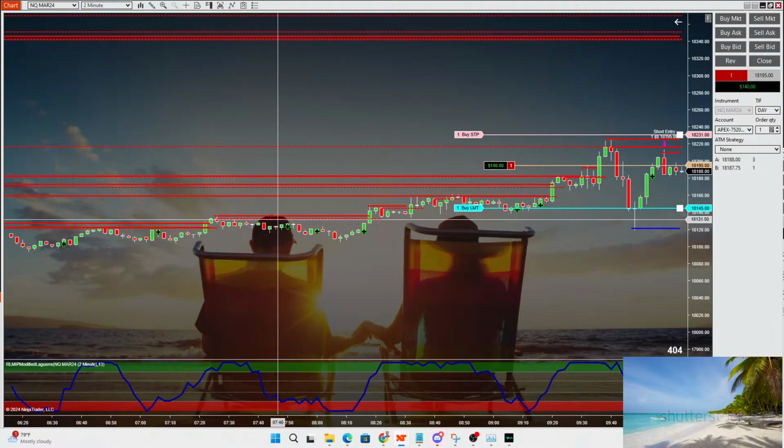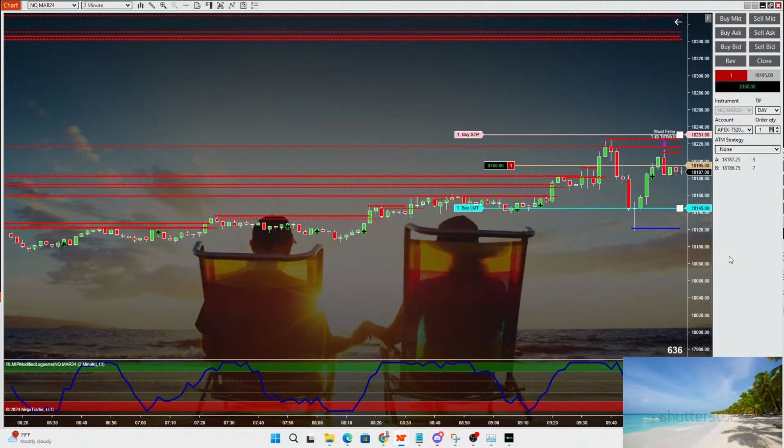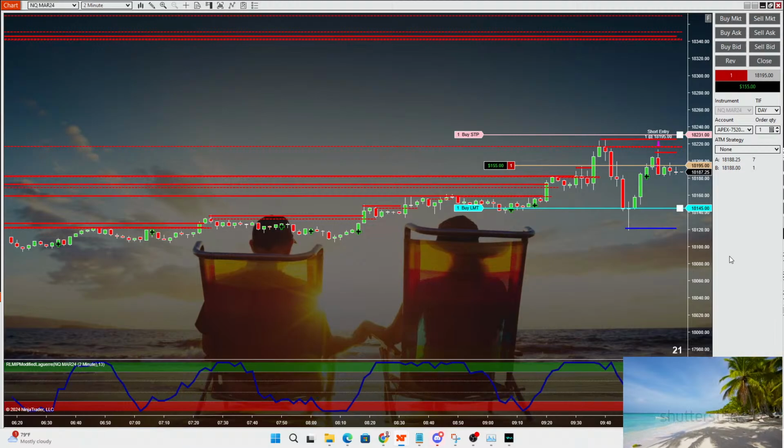And a lot of our volume has been right in this range, so I kind of like where my profit target is. I'd really like to get up to about $400 in profit on this trade.